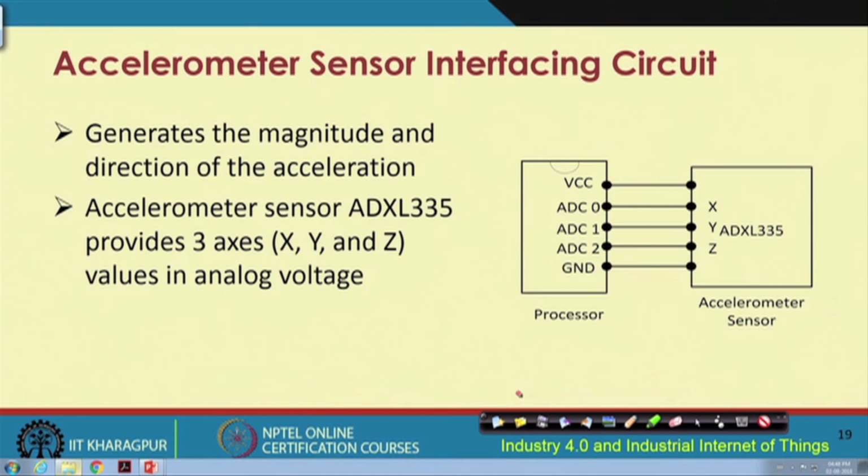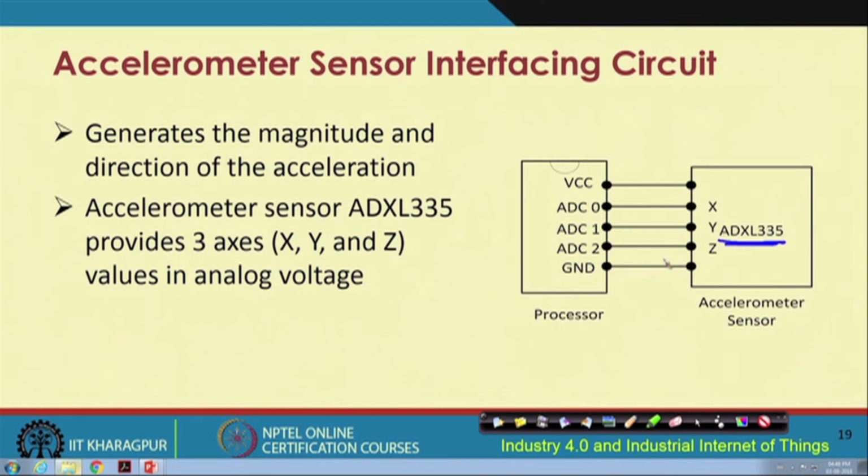Then we will have a look at another very commonly used industrial sensor, which is the accelerometer sensor, shown over here. This is basically how this ADXL335 accelerometer sensor looks, and these are the different pin configurations.